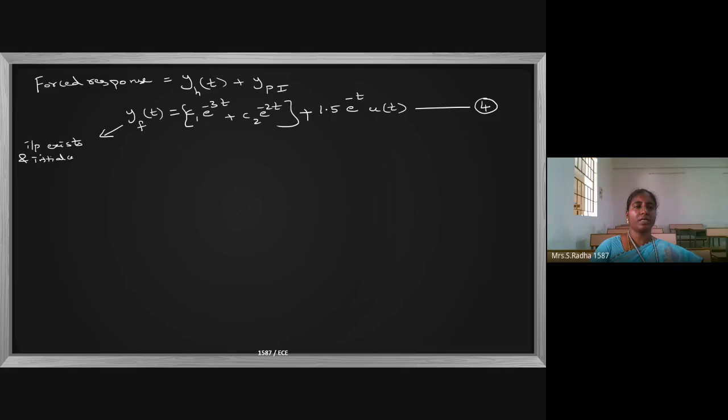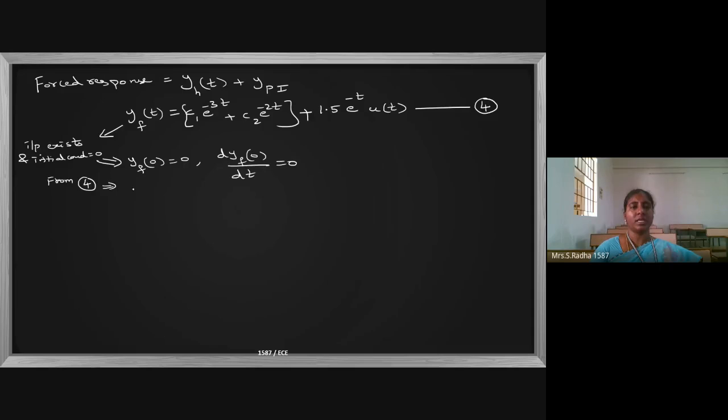Initial conditions are 0. So I will take yf of 0 equal to 0, and one time derivative of this, that also I will make as 0. So in equation 4 as it is, I will put t equal to 0, and I will also differentiate from equation 4.